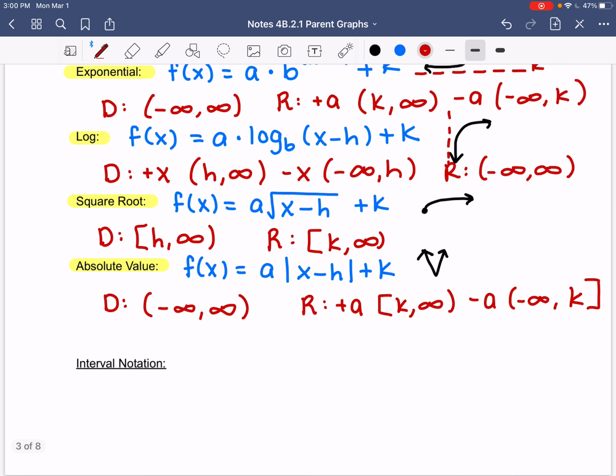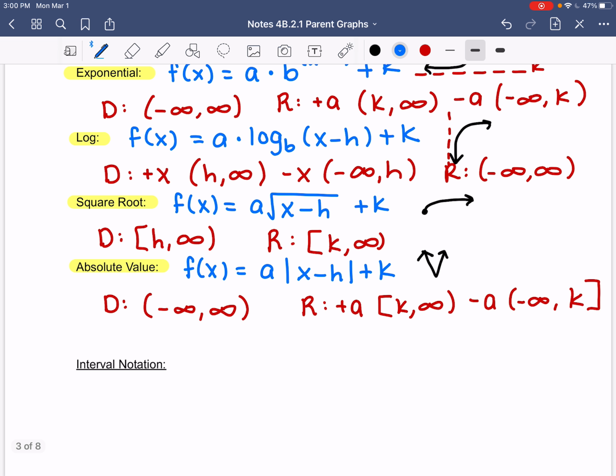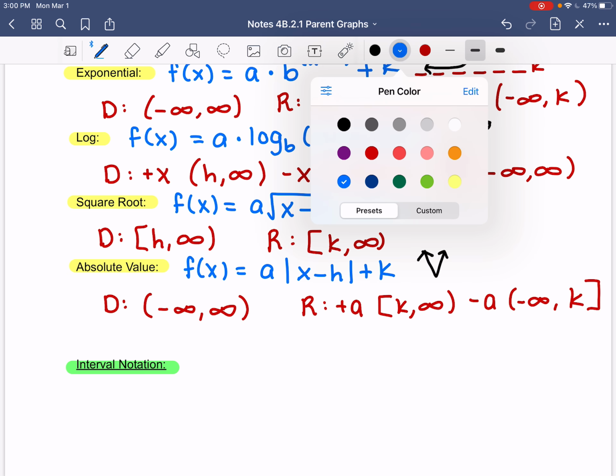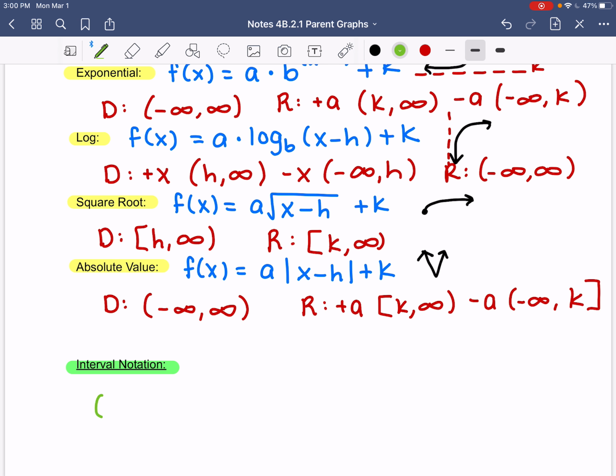So I just want to remind you guys of what interval notation is again. If you see parentheses, the parentheses just means not included. It'd be like having a greater than or a less than symbol. And if you see a bracket, that means that number is included.